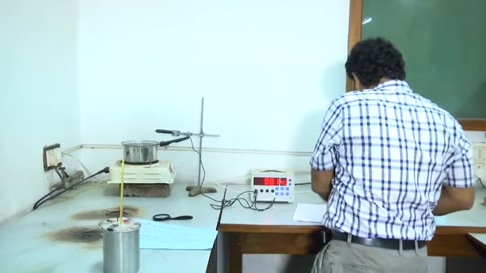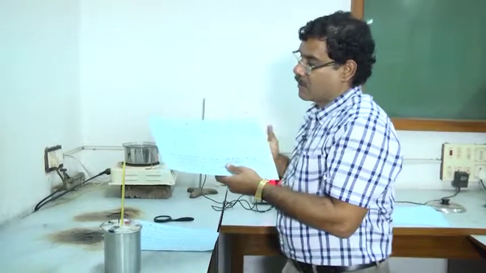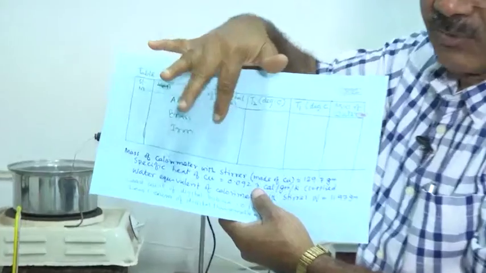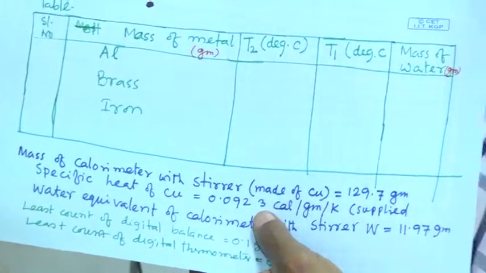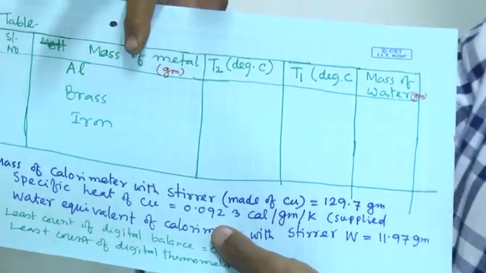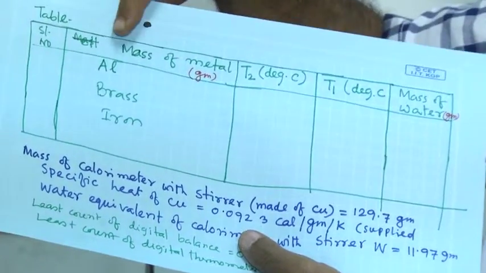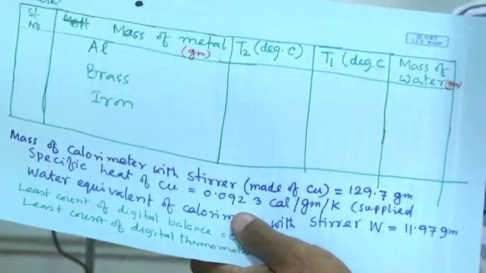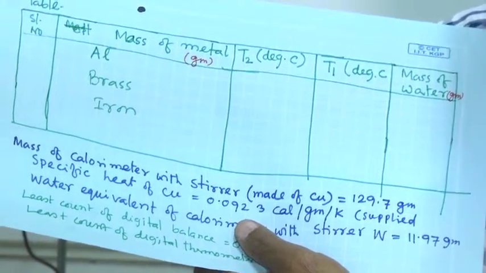Okay, so as I told, for three metals we will do experiments. Presently we are doing it for aluminum. Now the mass of the metal I noted, 91.2 probably.